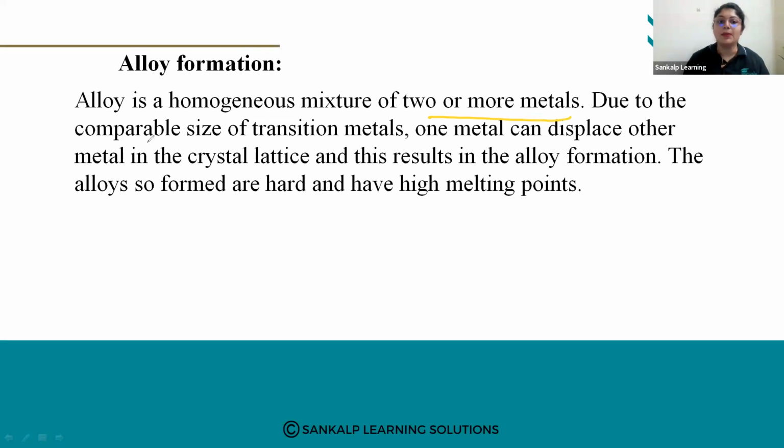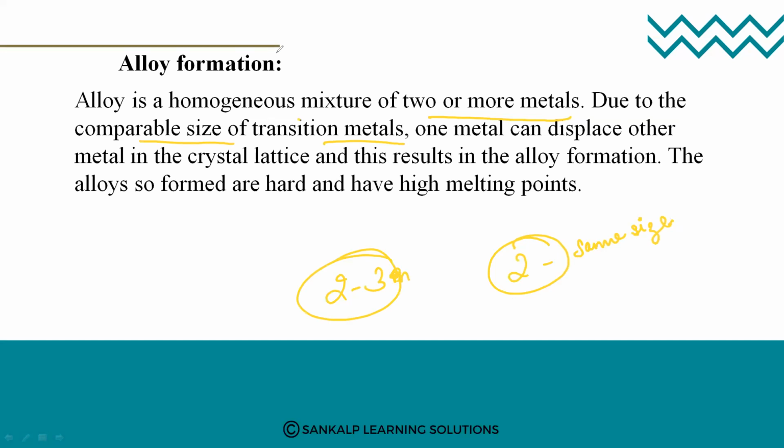Due to the comparable size of the transition metals, what does that mean? When the transition metals have the same, comparable size, whichever metals you are taking, suppose you have taken two metals, these two metals should have the same size.